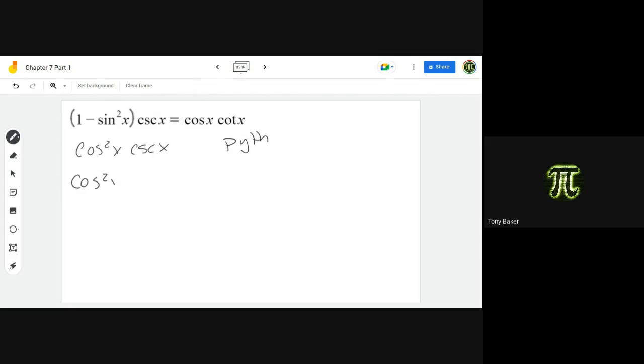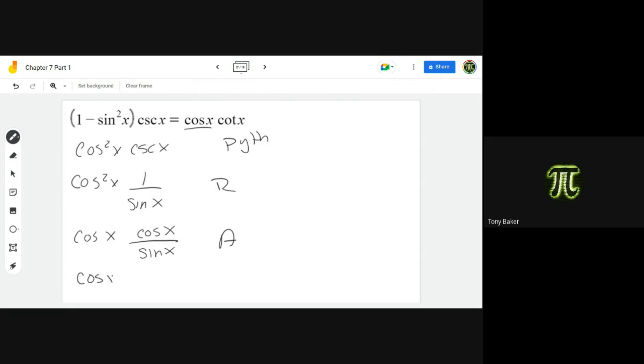So cosine squared x, and this is 1 over sine x. So that's reciprocal. I want 1 cosine x. So if we swap, we split that up. That's an algebra step.